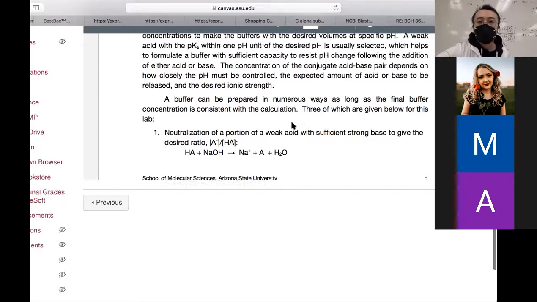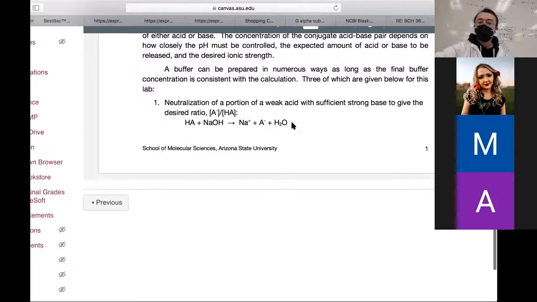All right. So for today's lab, we are going to make a buffer. Here are the requirements of today's buffer.